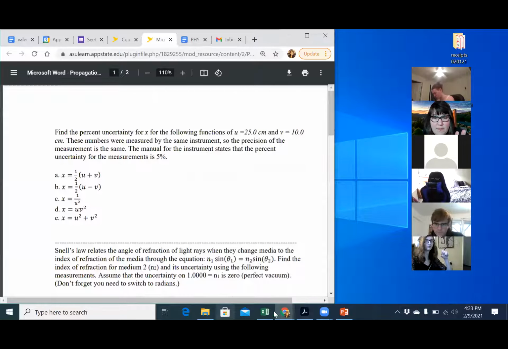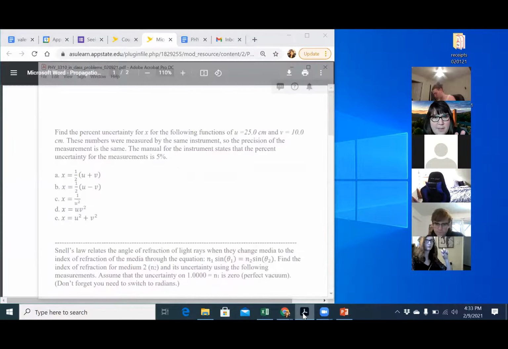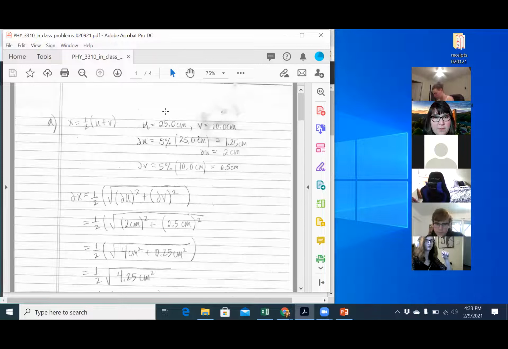And we know that the measurement for U is 25.0 centimeters and the measurement for V is 10.0 centimeters. So the uncertainty for U is going to be 5% times 25 centimeters, which is 1.25 centimeters, but I should only have 1 sig fig for my delta U. So I rounded that up to 2 centimeters. And same thing for delta V. Well, that one already was just 1 sig fig.